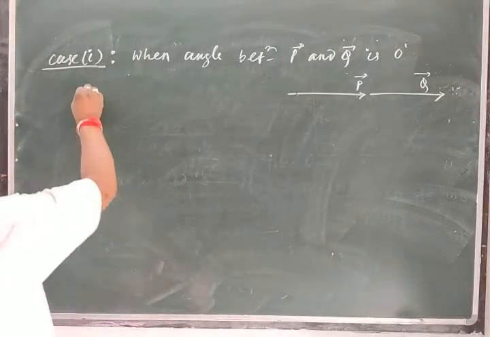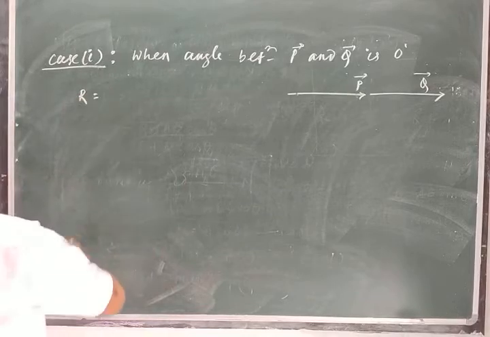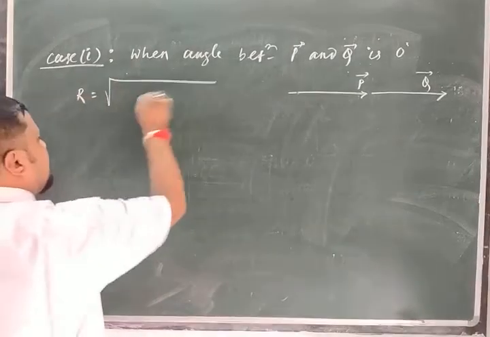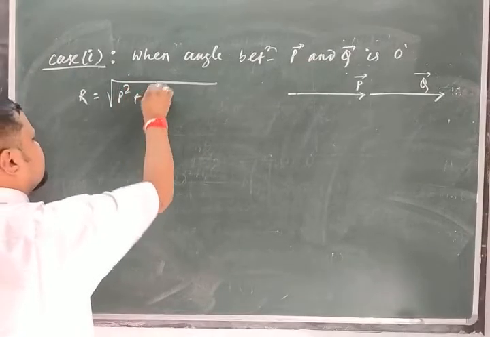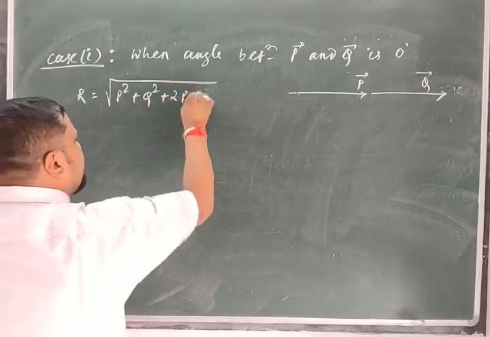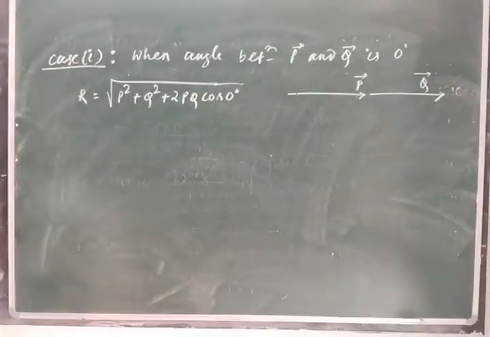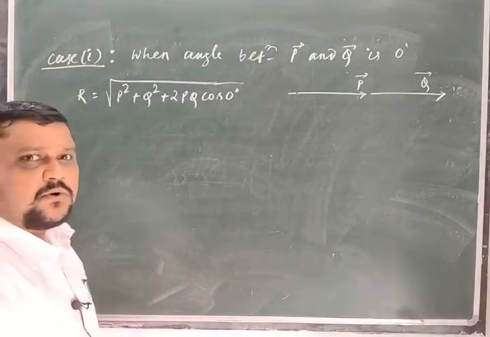Put the same results. The magnitude of the resultant R is equal to root over P square plus Q square plus 2PQ cos 0. The angle between them is theta equal to 0. What is cos 0? That is 1.